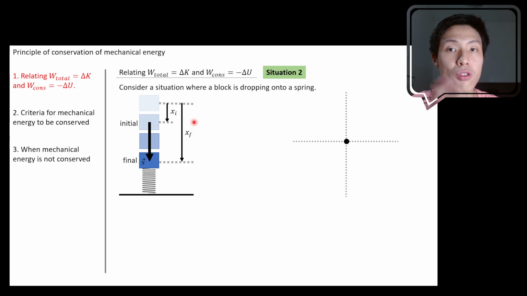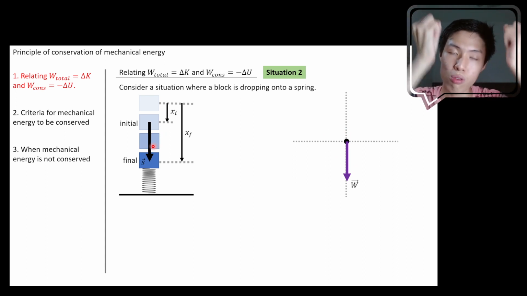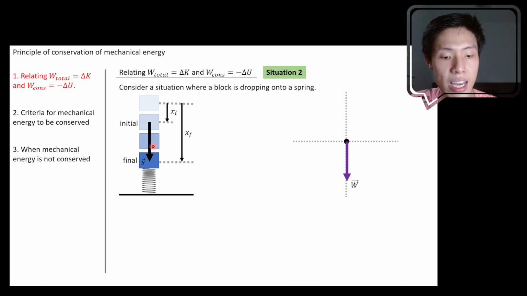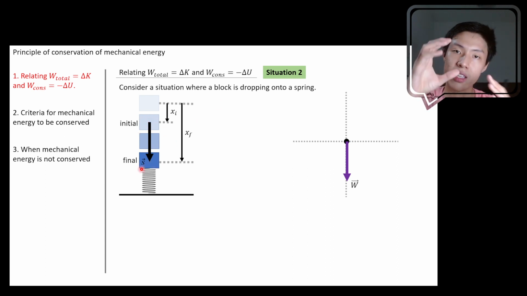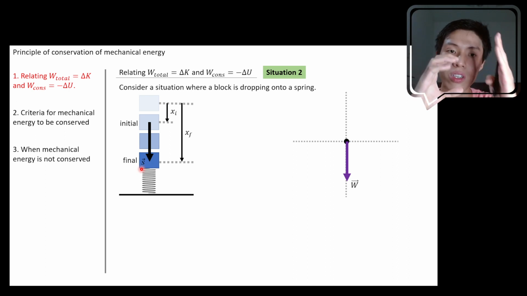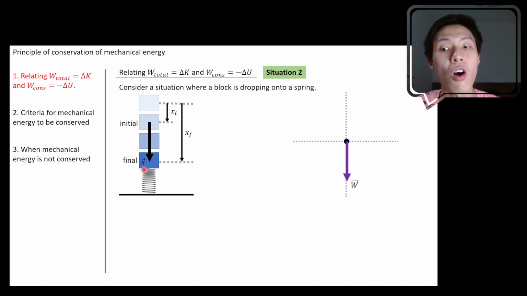Now if you draw the free body diagram of the object, we see that this object experiences weight because it has mass. Therefore, it experiences a gravitational pull by the earth. But at the same time, because this object is touching the spring throughout this journey, you should expect a force pushing upwards by the spring on the block.